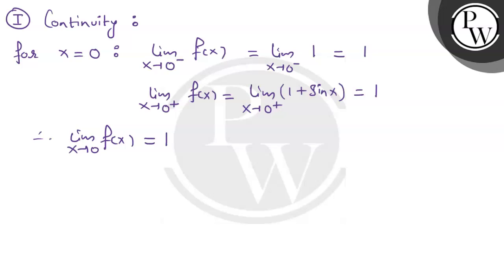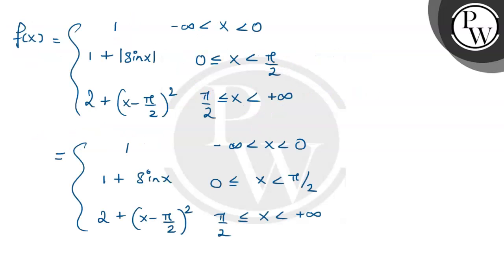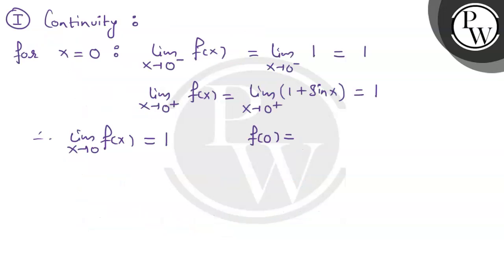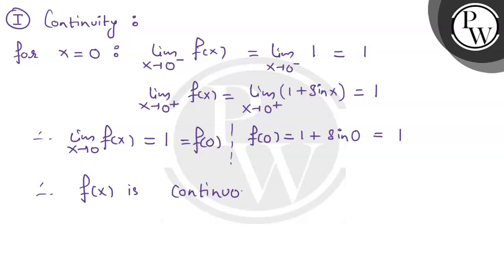But लेकिन f of 0 की वैल्यू is equal to, see, at 0 function defined is 1 plus sin x. So substitute करेंगे तो क्या आ जाएगा 1 plus sin 0, that is equal to 1, and so this is equal to f of 0, and so therefore fx is continuous at x equals 0.